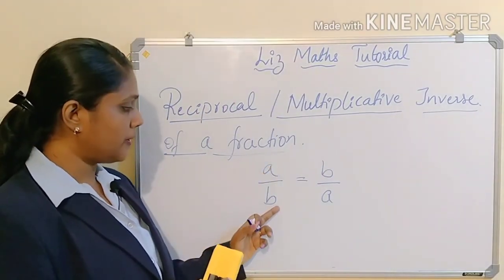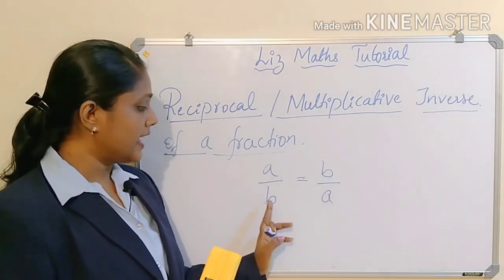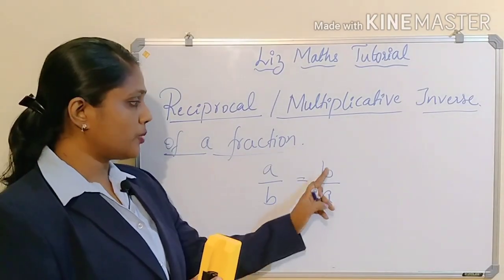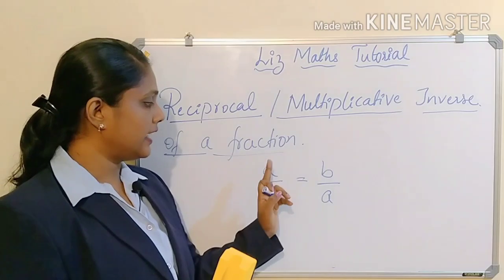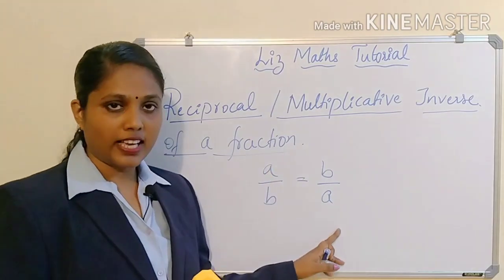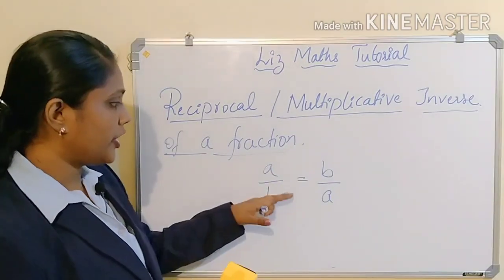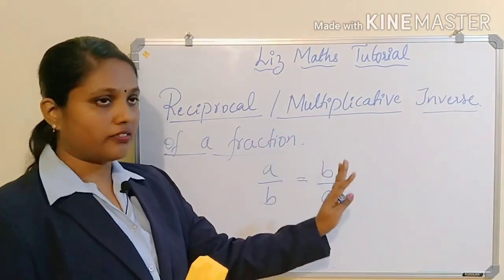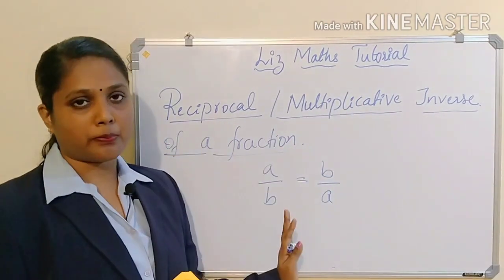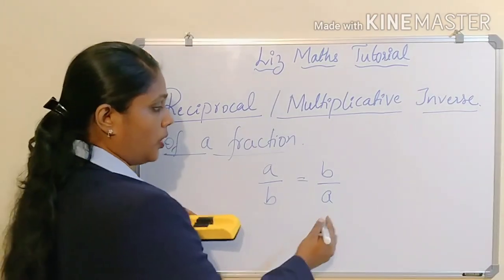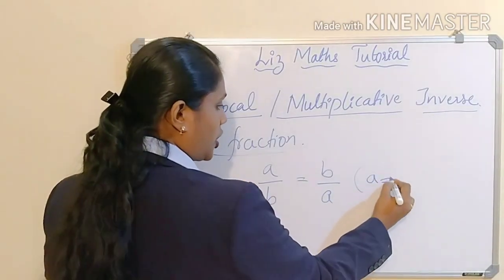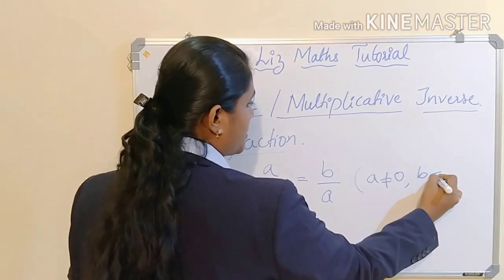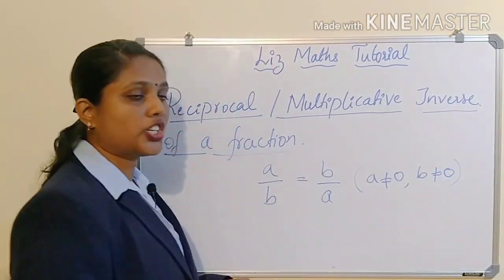The denominator goes to the numerator and the numerator goes as the denominator. So we are writing the reverse of that. That is the multiplicative inverse, or we call that the reciprocal. Hope you understood. The condition is that a should not be equal to 0 and b is also not equal to 0.